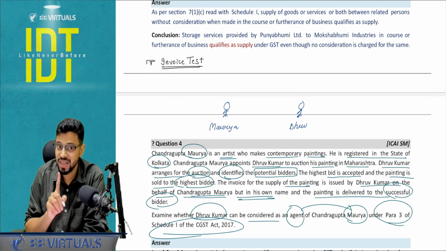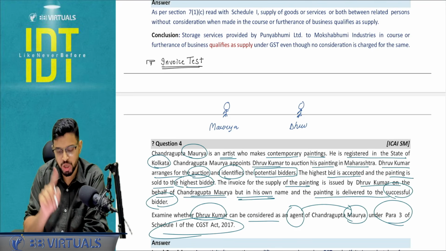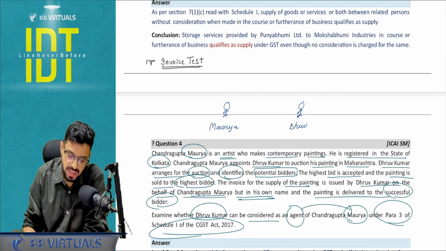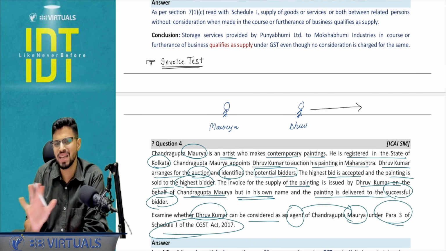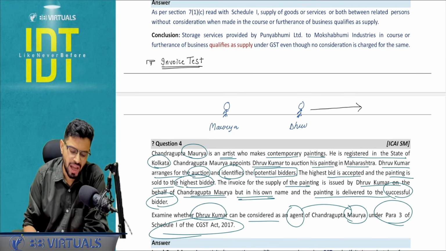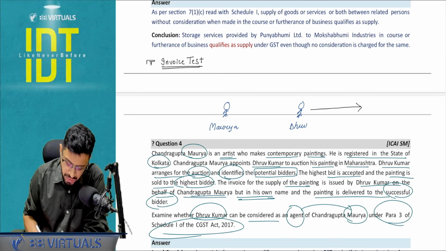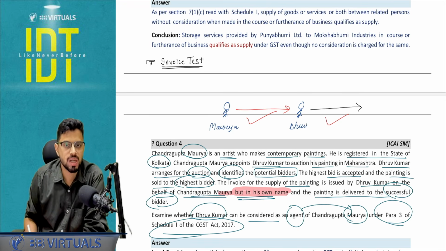Yes. We covered the definition of agent. I specifically had mentioned one word, auctioneer. So auctioneer is an agent. So just see, this further invoice is issued in the name of whom? Only that thing I have to focus, balance everything, how you are doing the transaction, what is the exhibition, I don't care. Just see, in his own name. So invoice test is passed. This becomes a supply. This also has to become a supply.